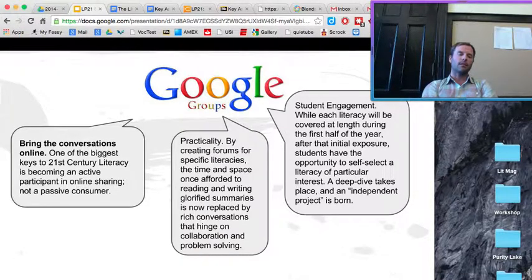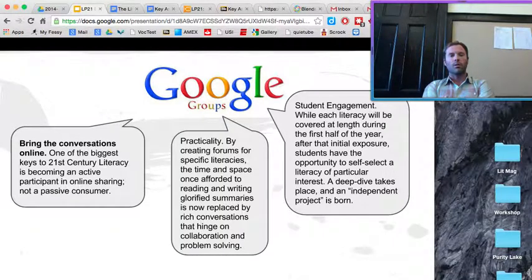So if I can start teaching our fifth graders at that age to play an active role, then I think they're well on their way to being a much more literate young person than they are prior to coming into fifth grade. The other thing about Google Groups is the practicality.